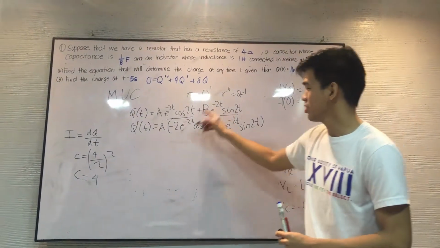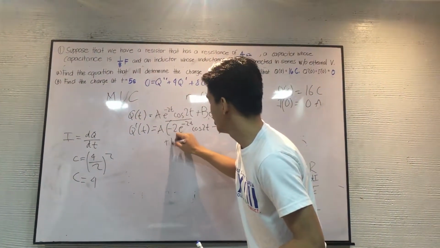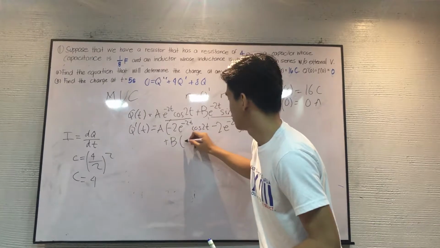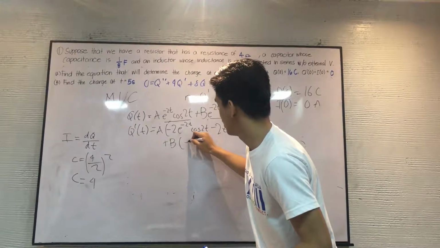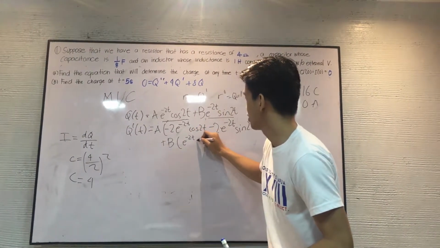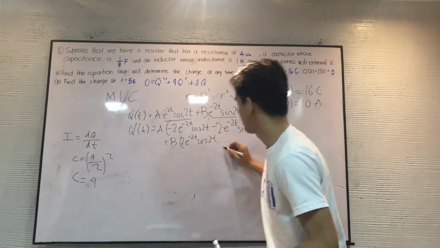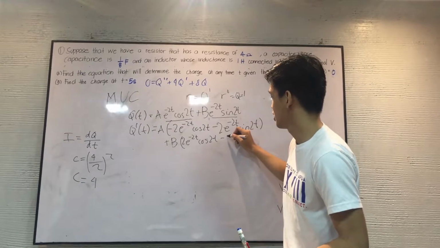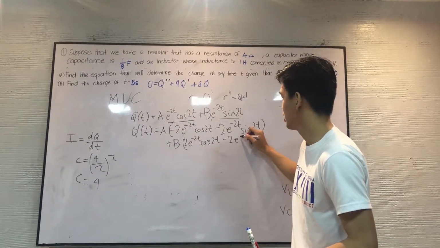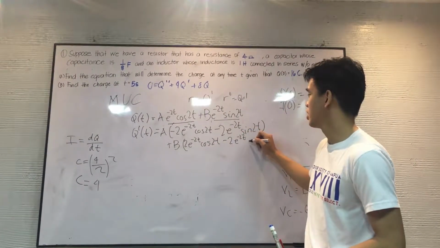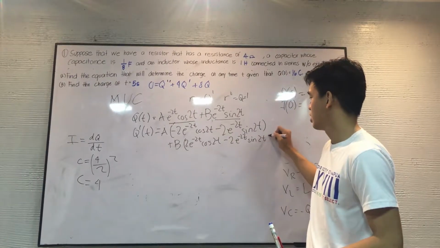Then the other one becomes b e^(-2t) cosine 2t minus 2e^(-2t) sine 2t.